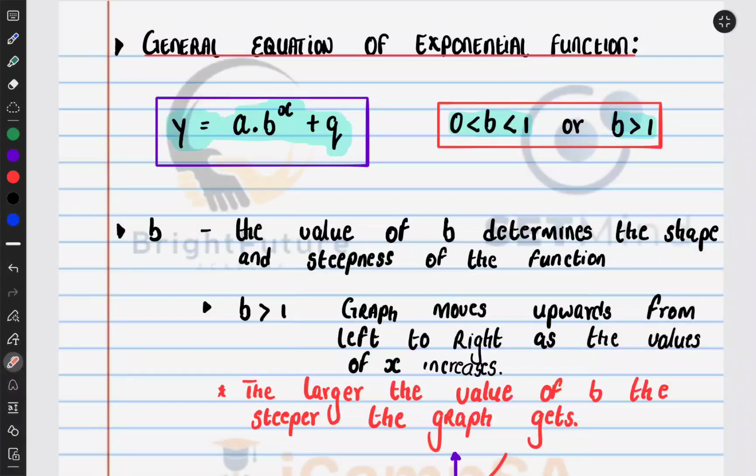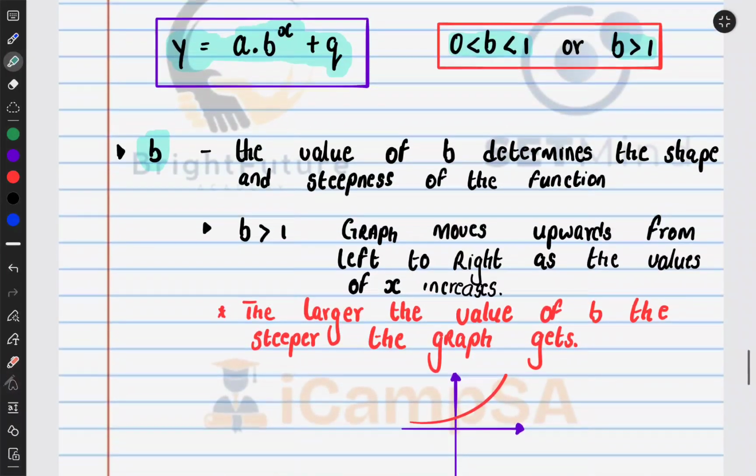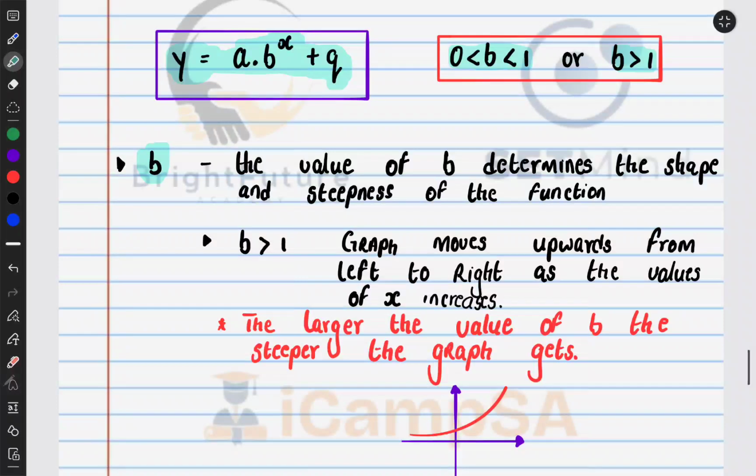Now let's quickly assess what happens when we change the value of b. The value of b determines the shape and the steepness of the graph.